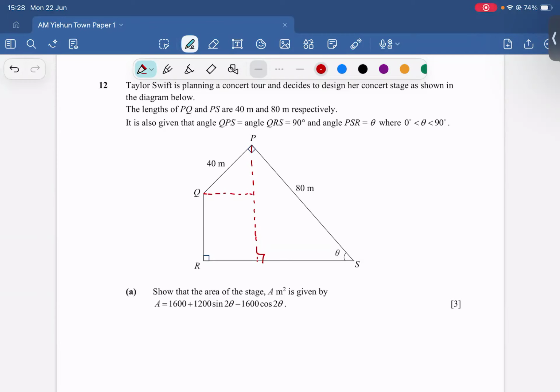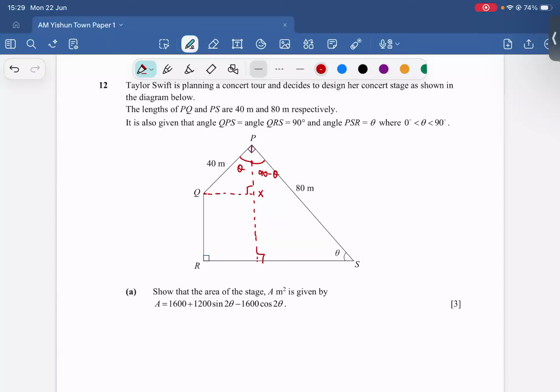Okay, then now what do we do? We need to go and check our angle. So if this is theta, this is 90 minus theta. Then this will be theta. This is also 90. Okay, so now we want to find the area.